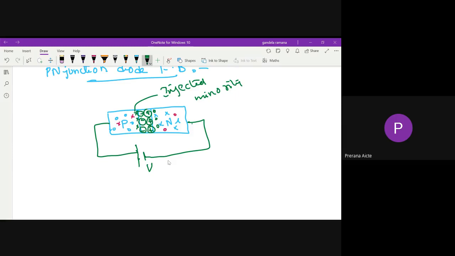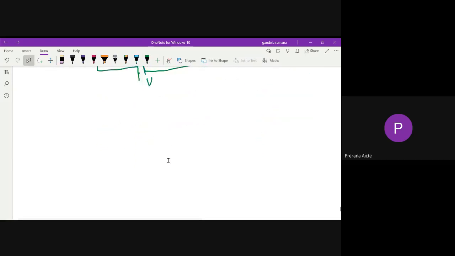In a forward bias PN junction diode, the current is mainly diffusion current. So already we discussed, but we have one doubt. Here we are given a battery, and that is called drift current, as we discussed in the previous class. Why is it diffusion current?